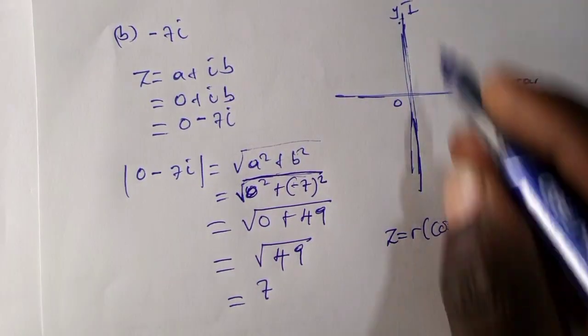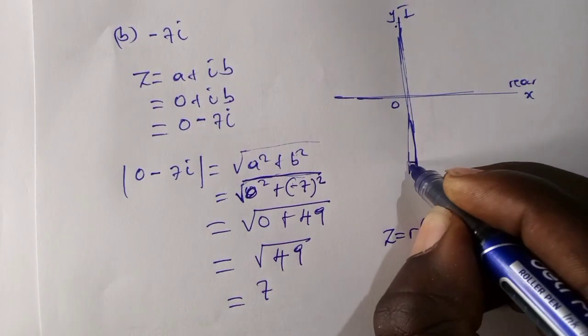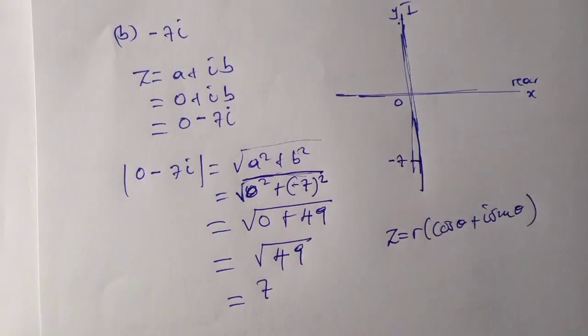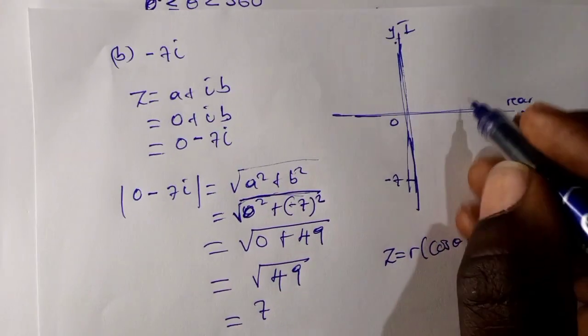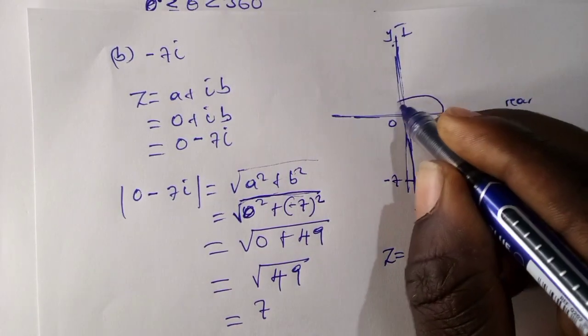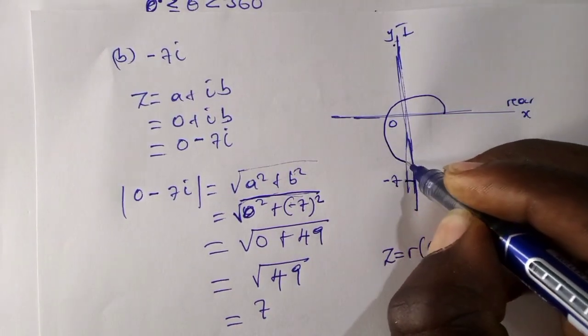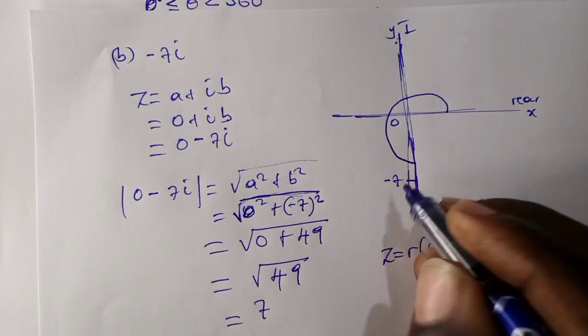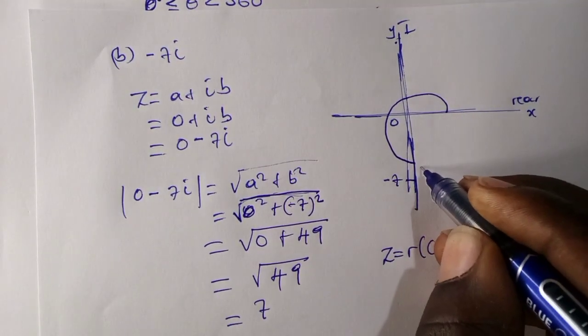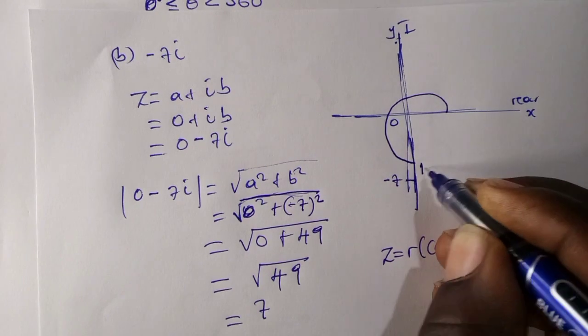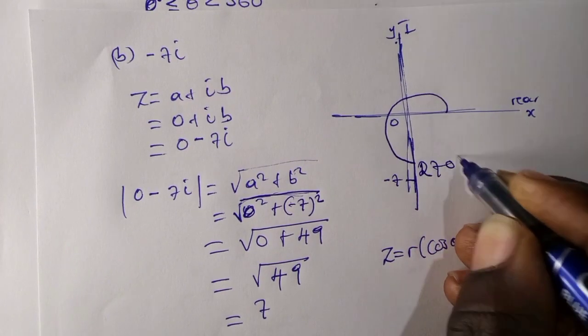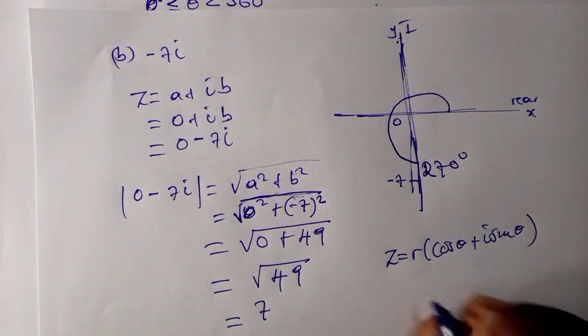Imaginary lies on the y-axis. So minus 7 is here. So we are moving from 0 to where minus 7 is. So this is where the angle is, which is 270 degrees. So this is our angle which we are going to use.